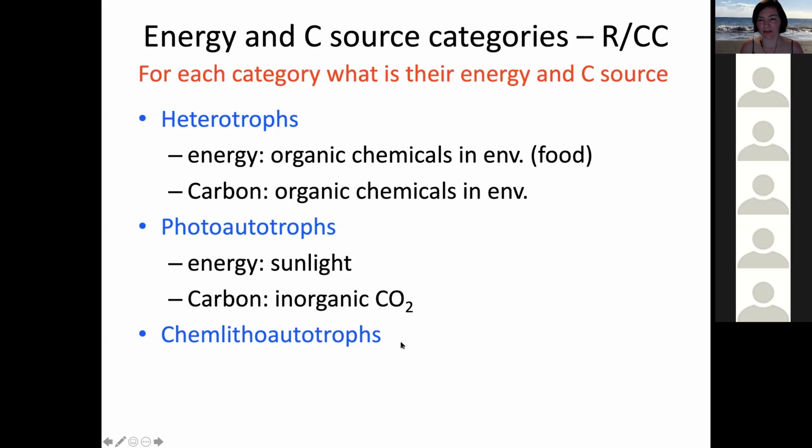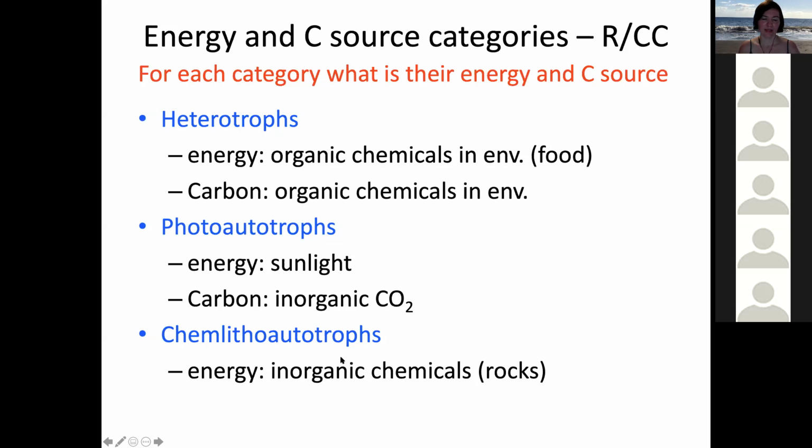Now down here we have this other final category, chemolithoautotrophs. Where did they get their energy? Good. Yes, they get their energy from rocks, which is to say the minerals or the inorganic substances in the world, which are primarily in the form of rocks.